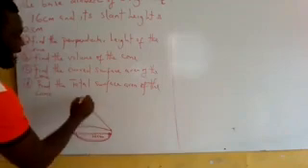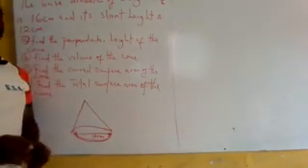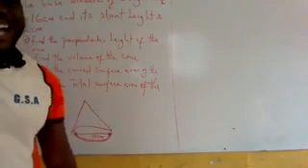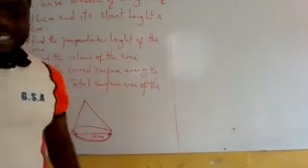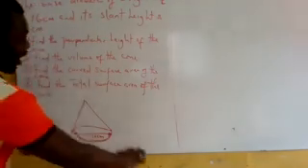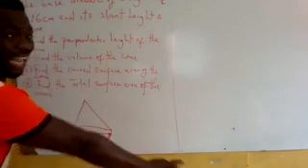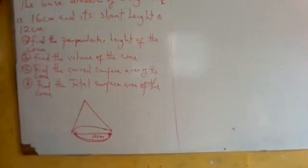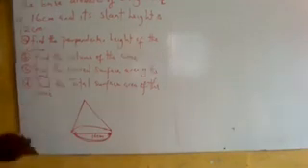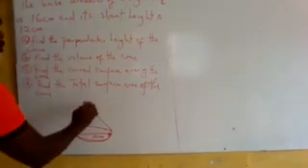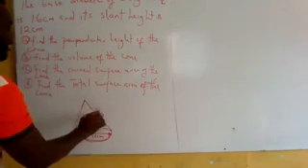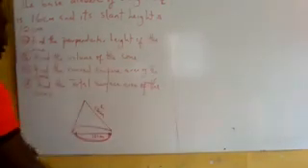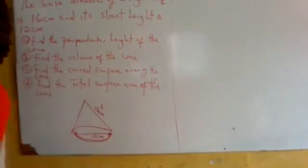And then they said the slant height. Now the slant height is different from the vertical height. It's different from the true height. The slant height is this height you have by the side. So usually we represent that with the letter L.